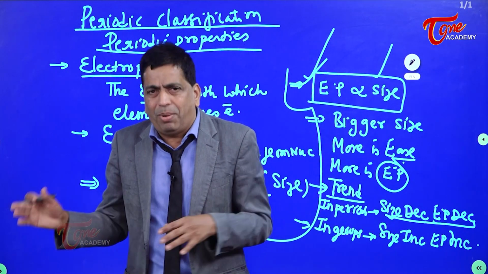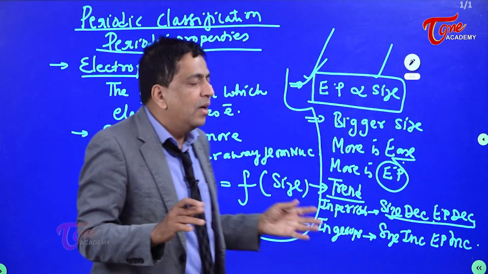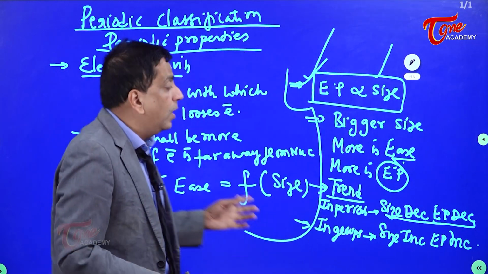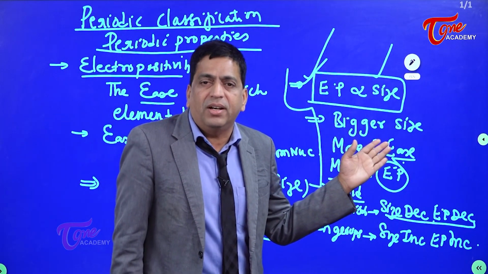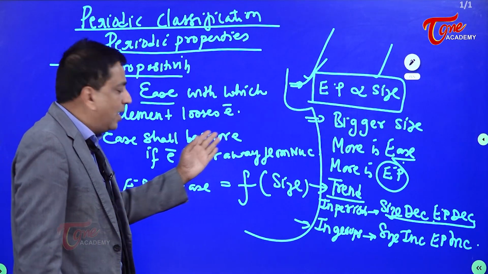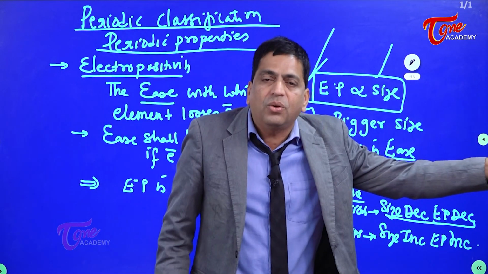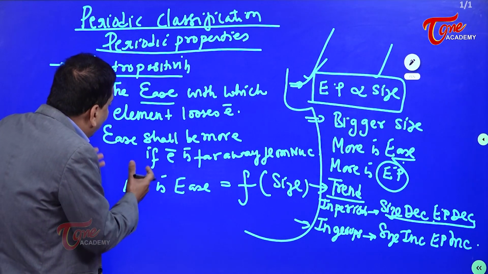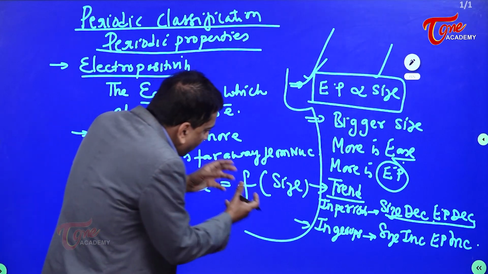Let's go into some of the applications. I think that might be linked to your exam, what you will be writing. Before I go there, watch carefully here. The definition: the ease with which an element loses electrons, and this ease shall be more if the electron is far away from the nucleus. So electropositivity, or the ease, is a function of size again.